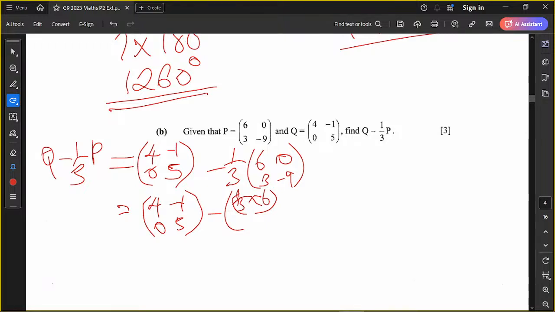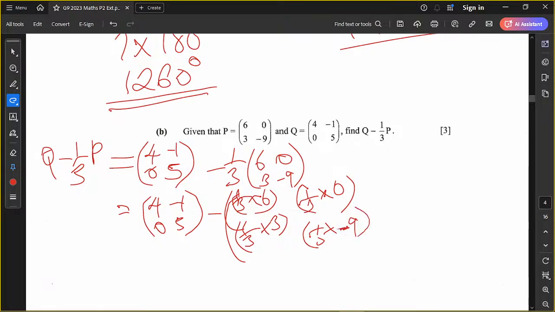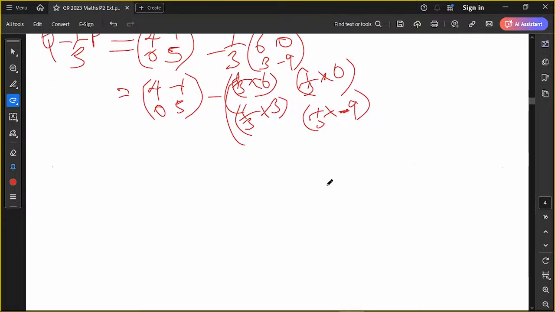Again, 1 over 3 times 0, close bracket, then 1 over 3, so this matrix should be big, times 3, close bracket, then again 1 over 3 times -9. Okay, like that. I close this again like that.